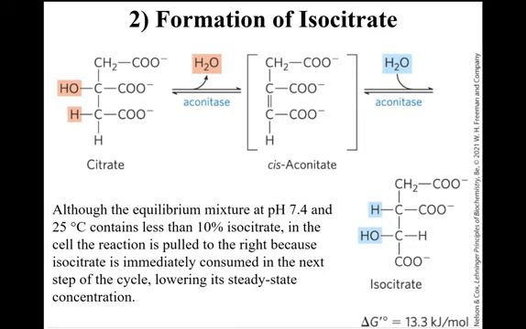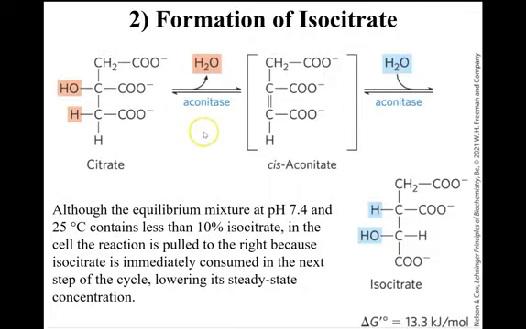To pull that reaction forward, the product being formed gets used up rapidly and right away, because within the reaction it would otherwise convert back to the starting material, citrate.